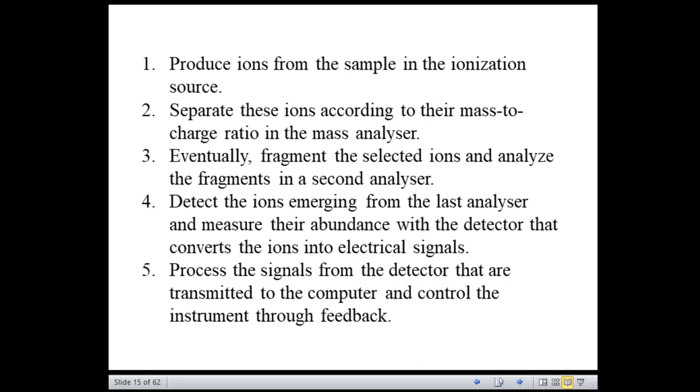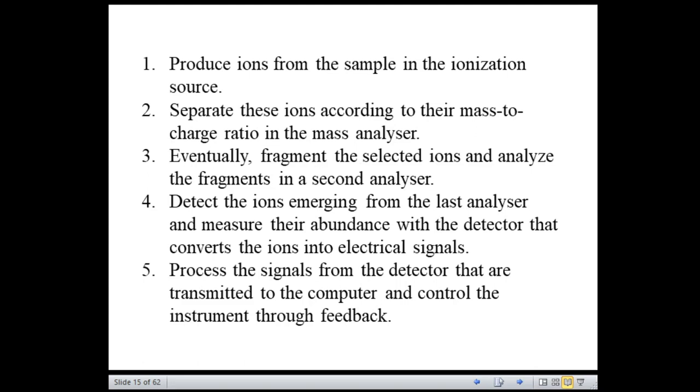A mass spectrometer attached to a gas chromatograph is abbreviated as GCMS, that is, it is read as gas chromatograph mass spectrometer. So this can serve as a sample or the analyte inlet, or you can have a direct insertion probe which pumps the analyte into the ionization source.